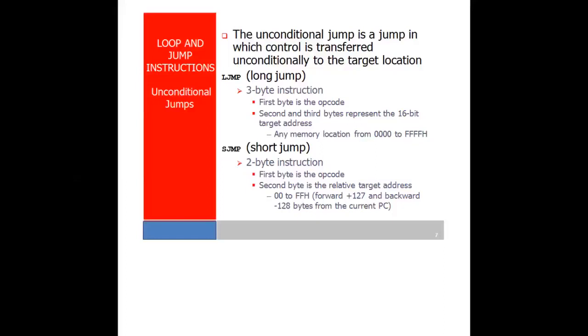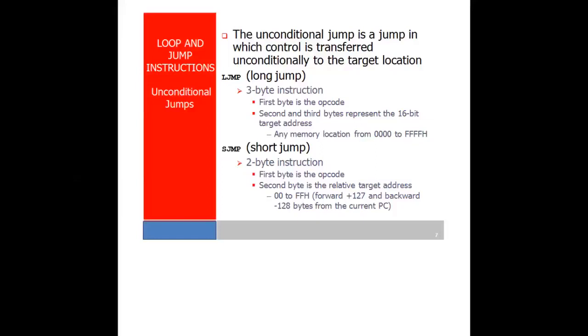The short jump is also used in your program, but it is a 2-byte instruction. The first byte is the opcode and the second byte is the relative target address. The relative target address ranges from 00 to FF, meaning forward plus 127 and backward 128 bytes from the current program counter location.